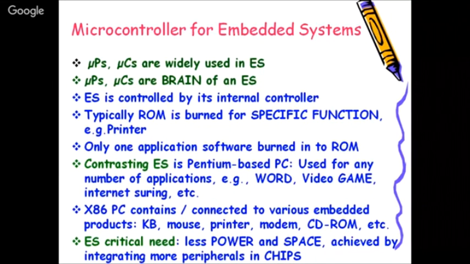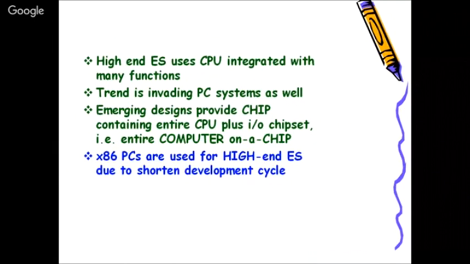Less power and space are achieved by integrating more peripherals. This we have already seen. A high-end embedded system uses a CPU integrated with many functions, as we have understood now. And what we see in the market is that the trend is now invading PC systems as well.